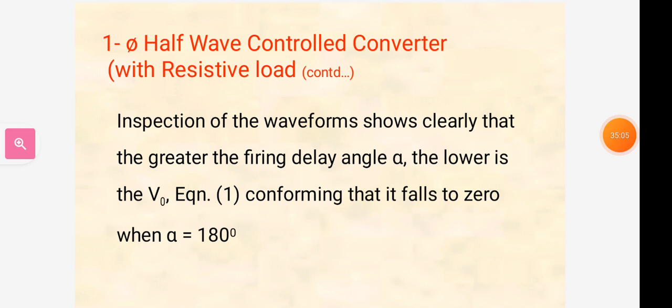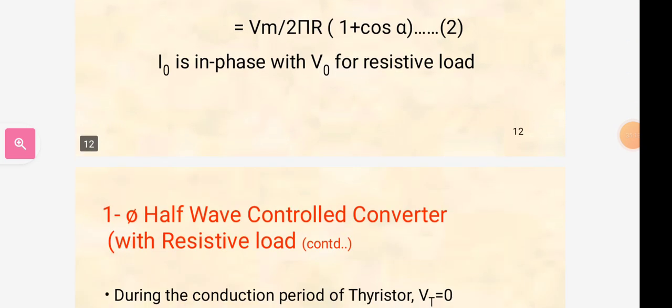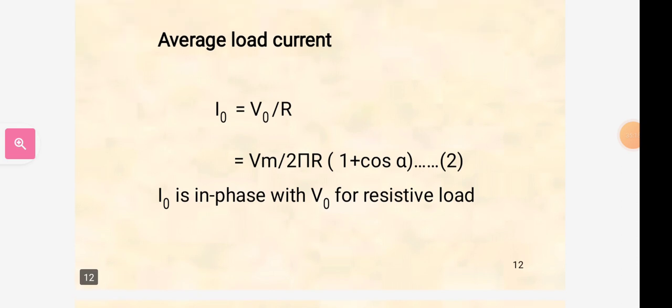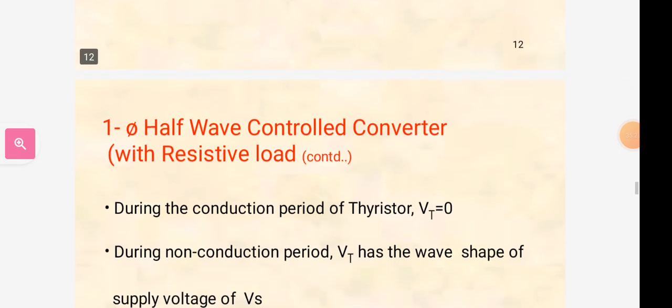So this is about the single phase half wave controlled converter using R load. These are the equations: the average output current is the output voltage divided by resistance, which will be Vm by 2 pi R into 1 plus cos alpha.